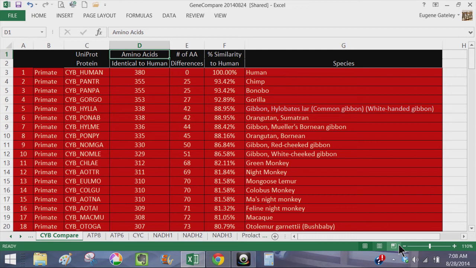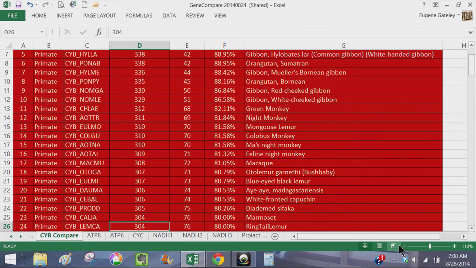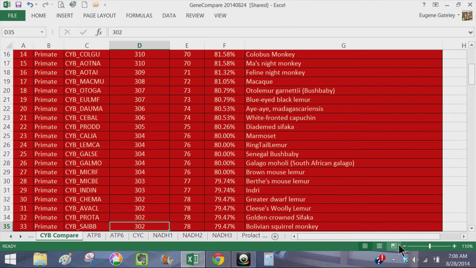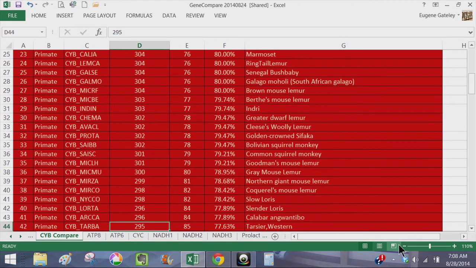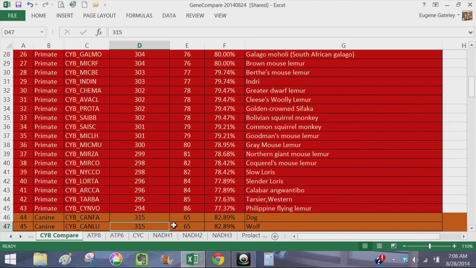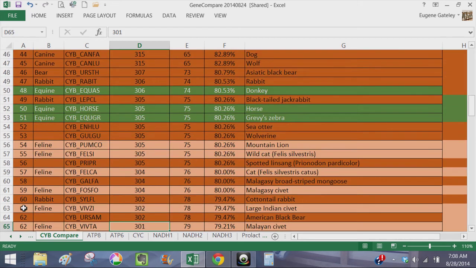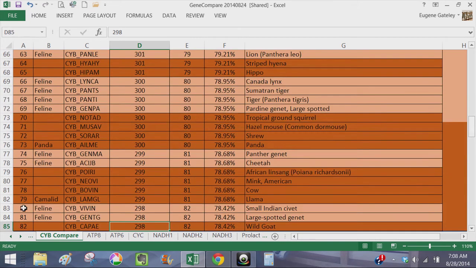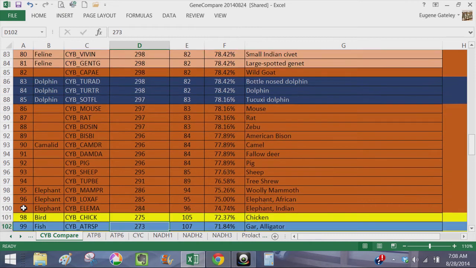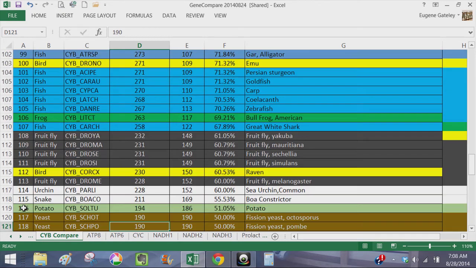Before I was only looking at 16 primates and a handful of other non-primates, but this time we're going to be looking at 43 primates and 100 others, which are included in a list of 120 species altogether.